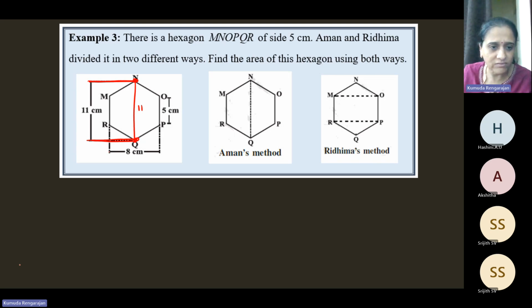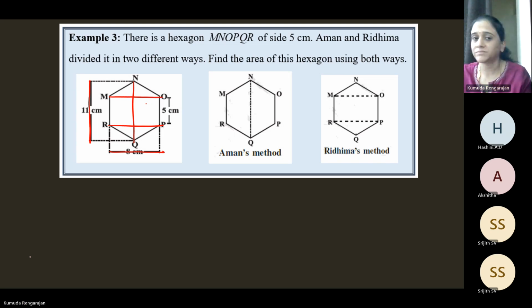From this point to this point, this is 8. So this is also 8. So 11 and 8. If this is 8, it means RP is 8 or MO is 8. And 5 is each side of the regular hexagon.